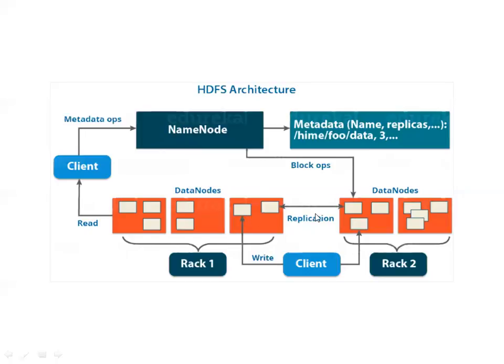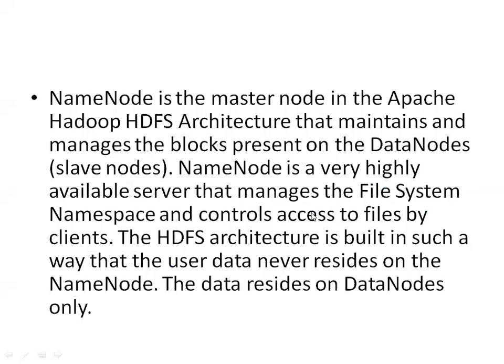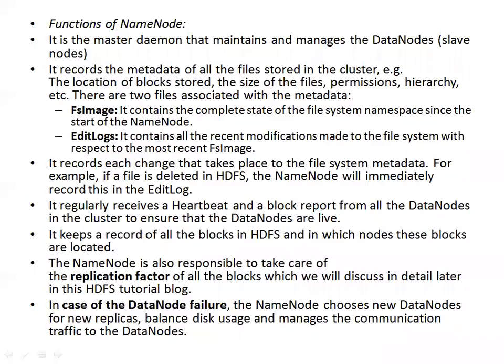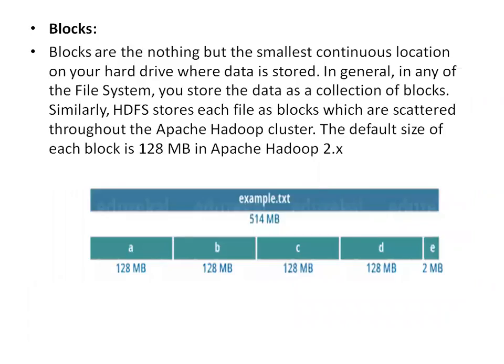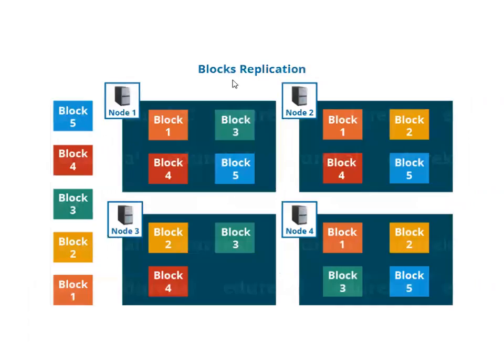You can notice here replication. I told you the replication factor is 3. Your file is divided into multiple blocks and distributed over multiple nodes. Block 1 is kept in node 1, in node 2 also, and in node 4 also.